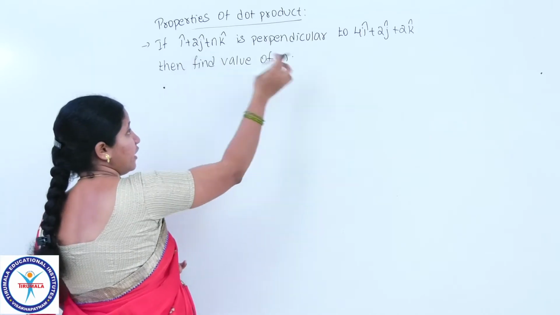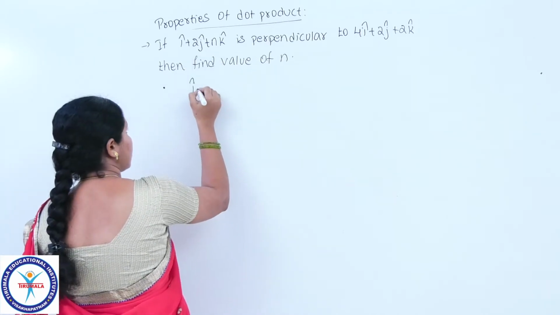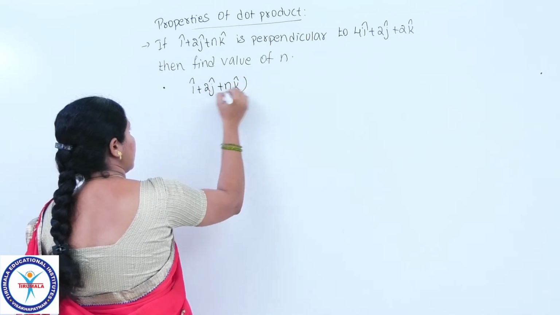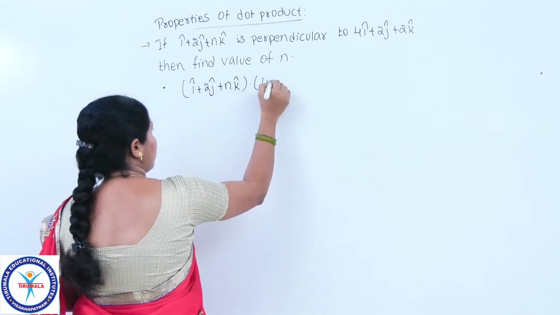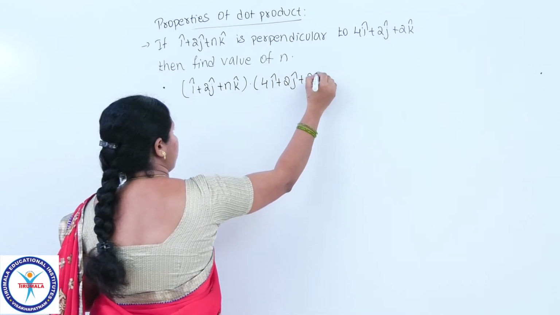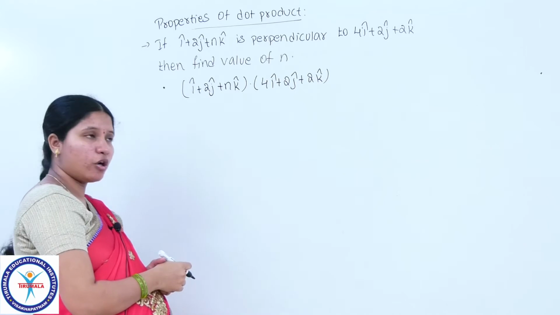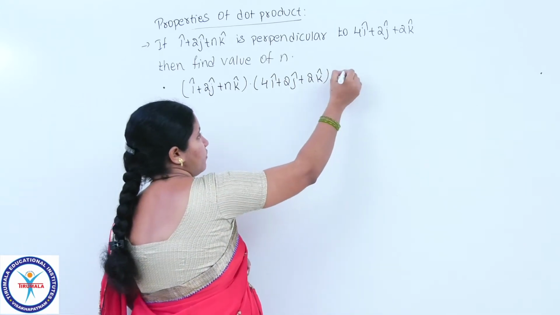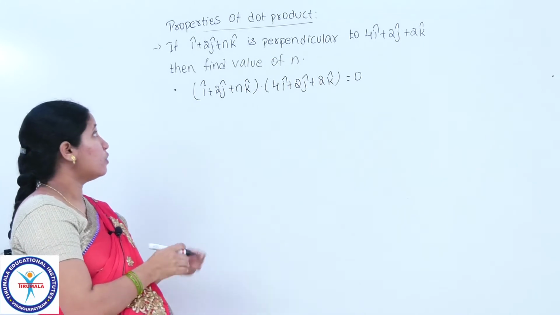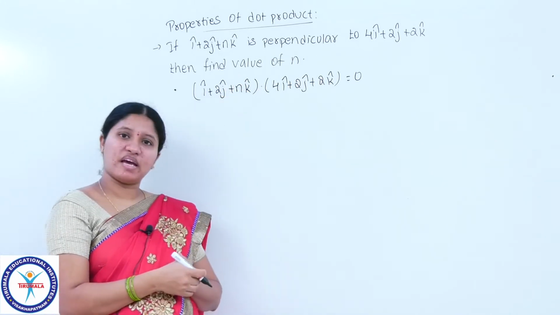So let us take the dot product of the two vectors, i cap plus 2j cap plus nk cap dot 4i cap plus 2j cap plus 2k cap. As the dot product is equal to 0, the two vectors are perpendicular. So we are asked to find the value of n.